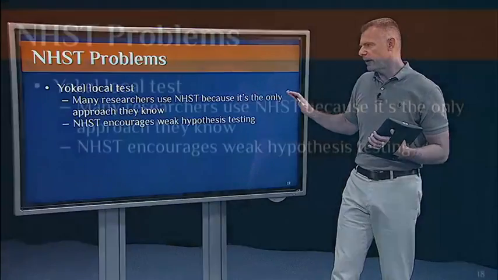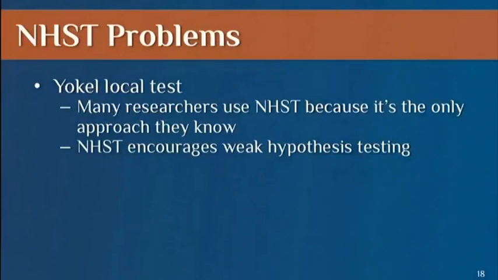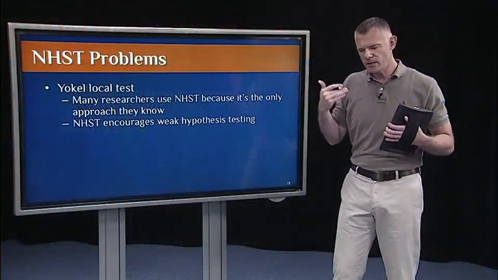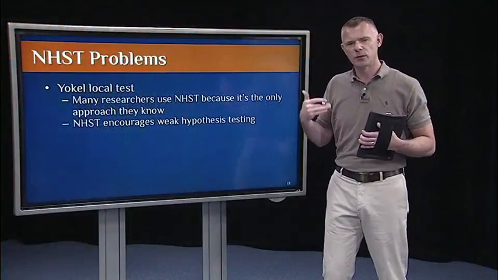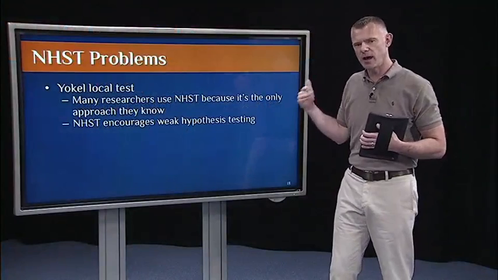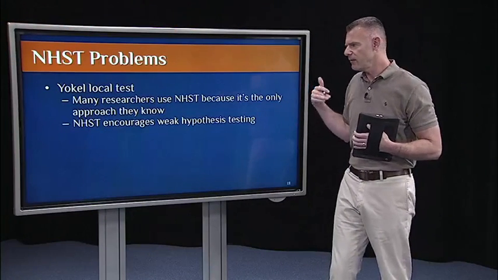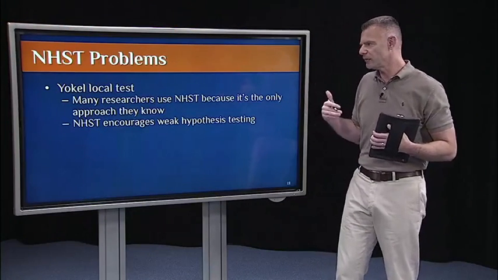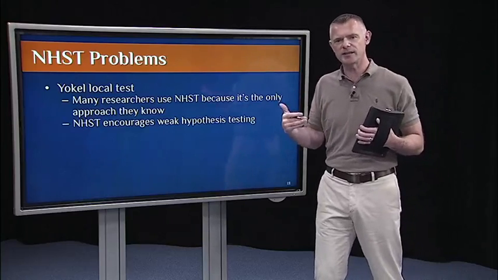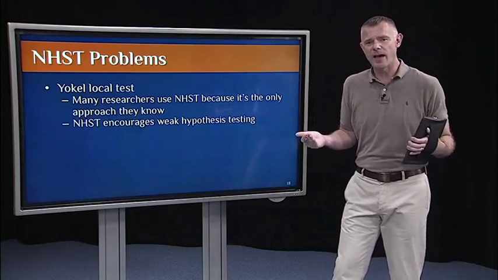This third problem I came up with sort of a funny name for, so forgive me, the yokel local test. What I mean by that is it's just what you do as a common custom. A lot of people, even really good researchers who have PhDs and are doing cutting edge research, sometimes just do NHSTs because it's the only thing they ever learned.